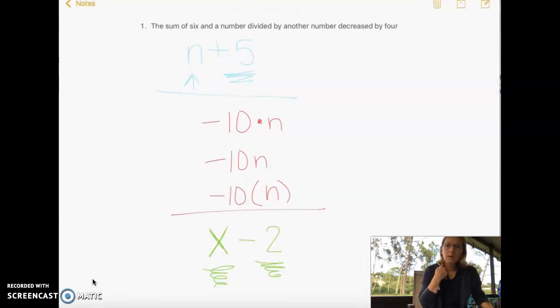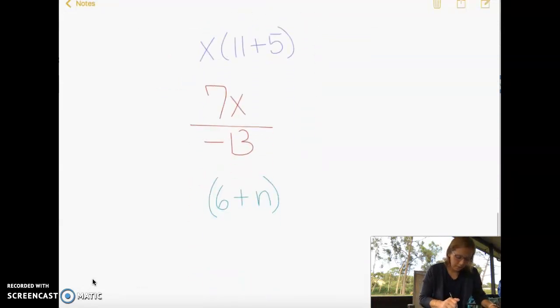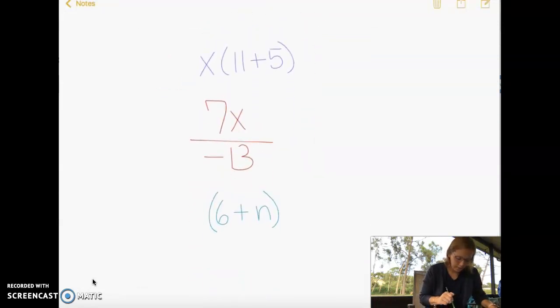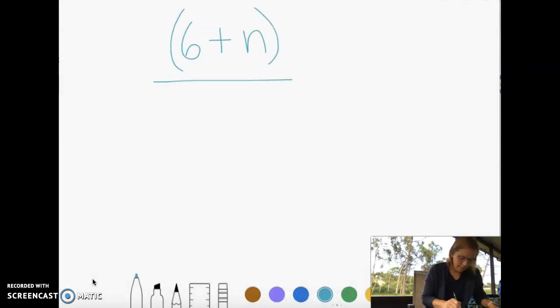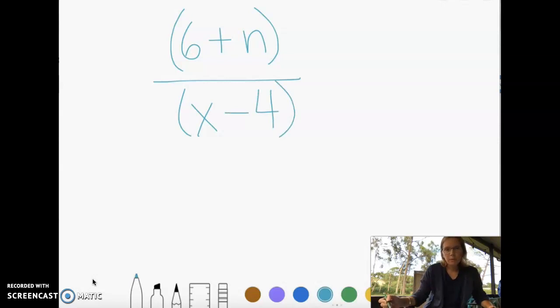So when it says another number, that means I have to use a different variable this time. Divided by another number, I'm going to use a different variable, decreased by 4. And that's what that would look like.